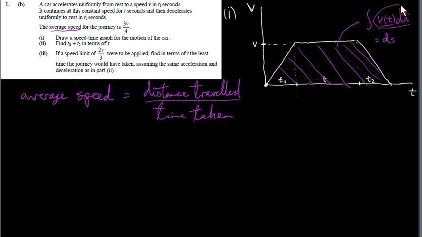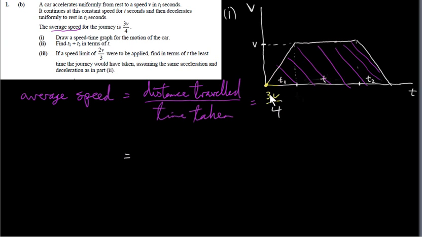So v of t times dt gives ds, and then we integrate or sum all those rectangles, each a rectangle of height v of t and width dt. You probably know that from basics of integration, but we won't be actually performing an integral here because this area is quite easy to calculate. It's made up of two right-angled triangles and a rectangle.